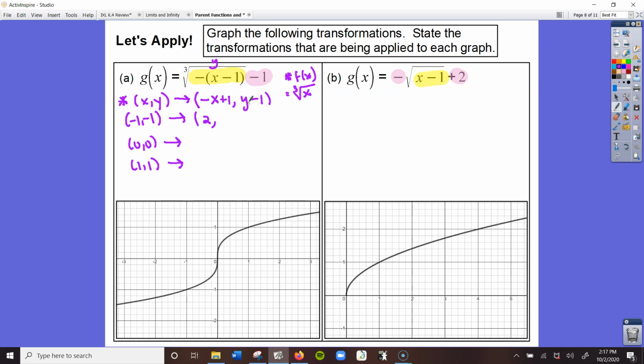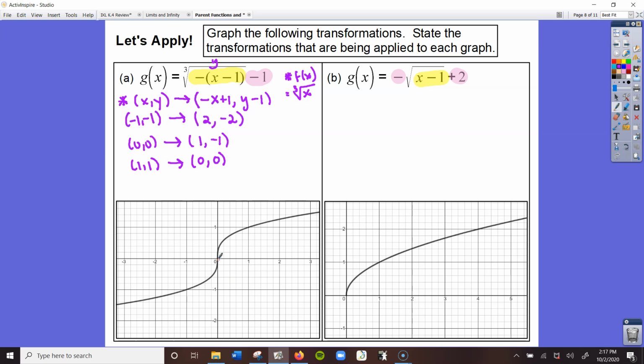Then -1 for the y, minus 1 would be -2. When I plug in 0, 0, -0 is 0, plus 1 is 1, and then 0 minus 1 is -1. And finally, when I plug in 1, 1, that would give us -1 plus 1, which is 0. And then the rule for the y, 1 minus 1, is also 0.